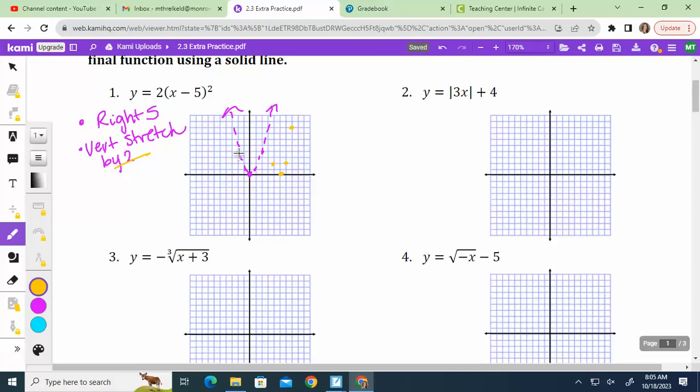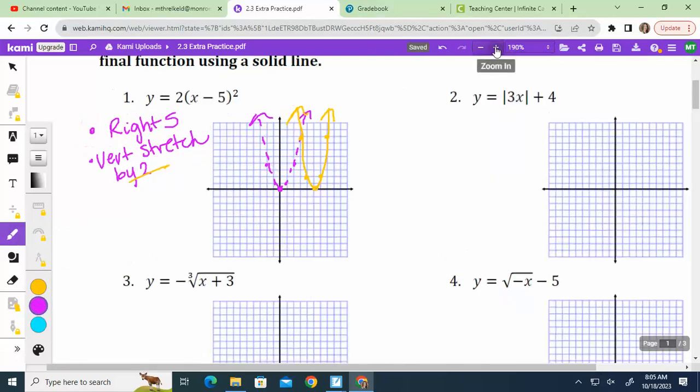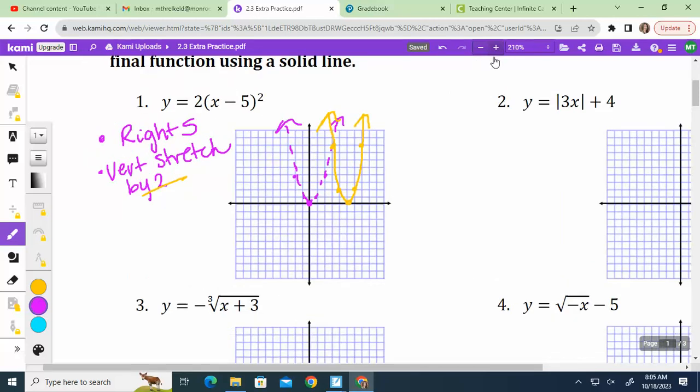Y value of 4 times 2 takes it to y value of 8 and right 5. So you can see our graph kind of got skinnier as we did that. Is that okay with everyone?